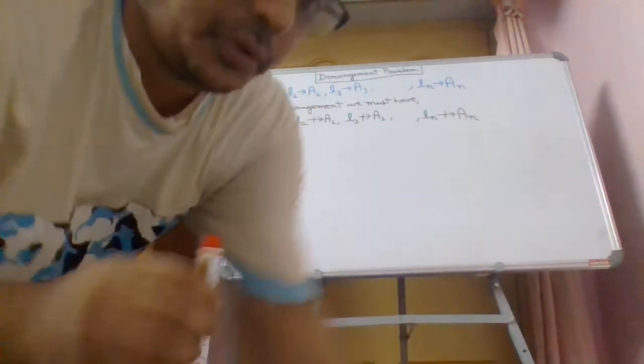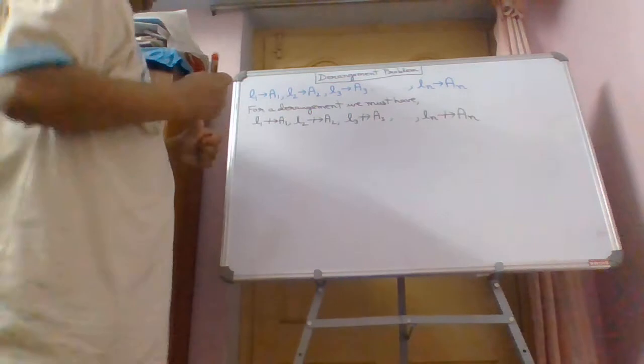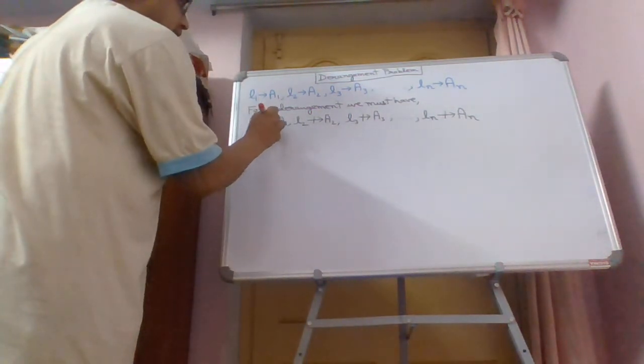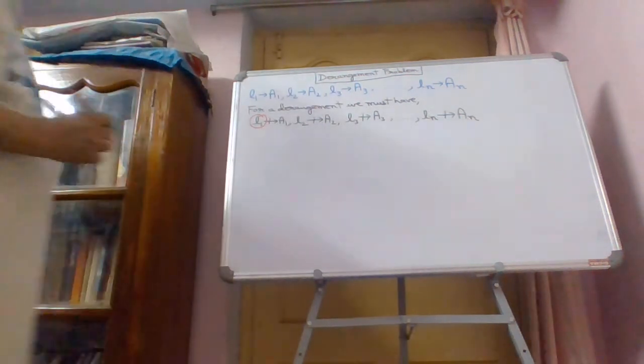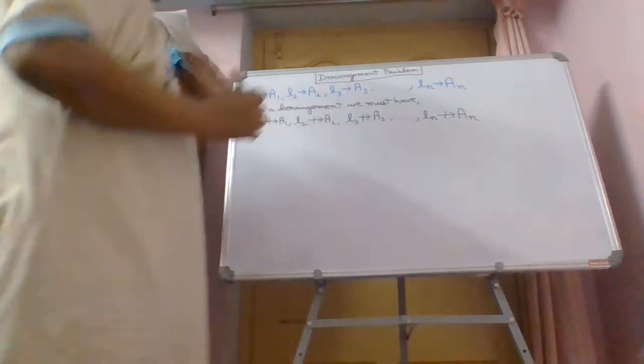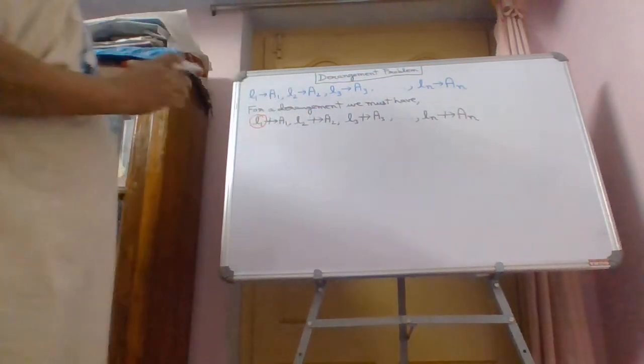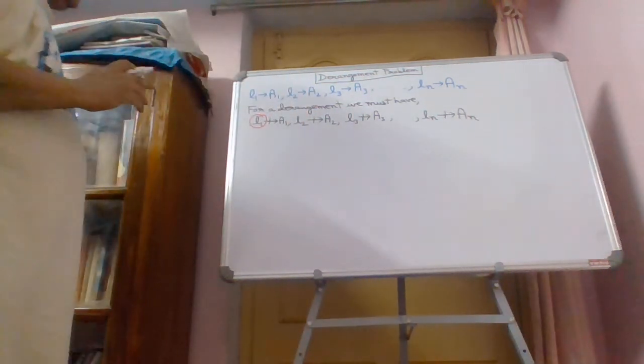Now let us focus our attention on this particular letter L1. Since it is a derangement, L1 cannot reach address A1, but there are two possible cases.